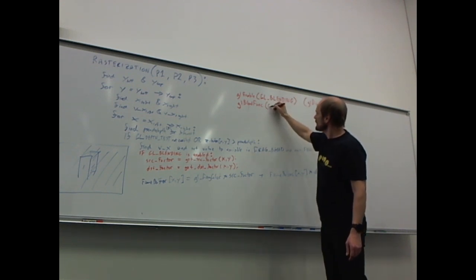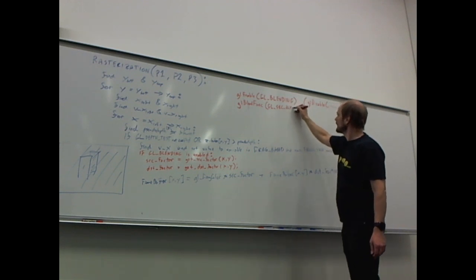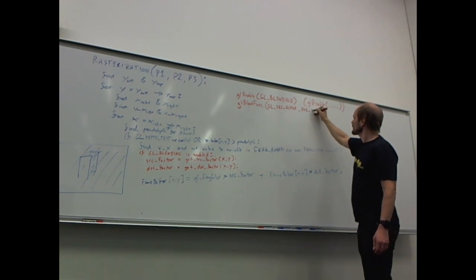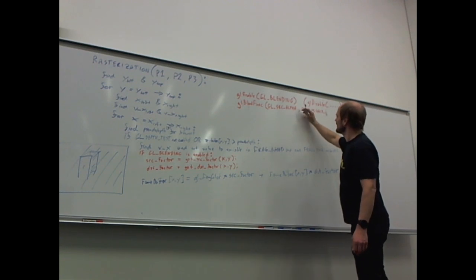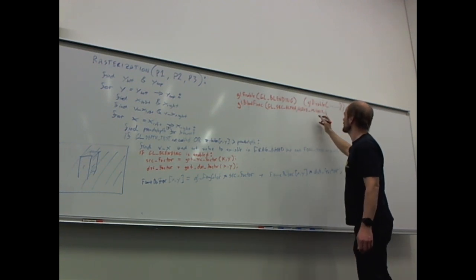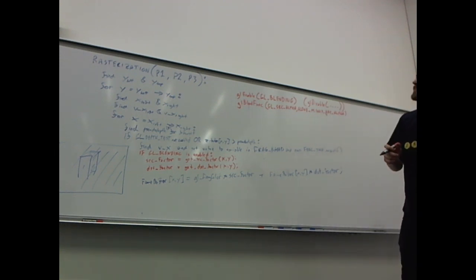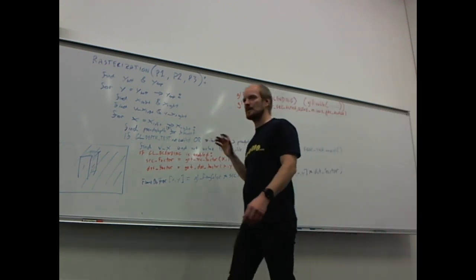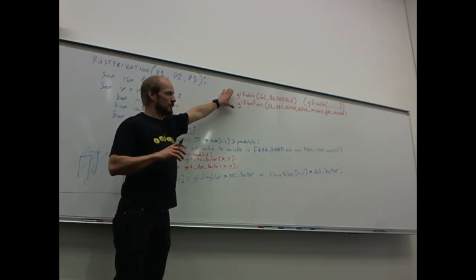Here we can send in something like GL source alpha and GL1 minus source alpha. How did I write it? Yeah. Source alpha.